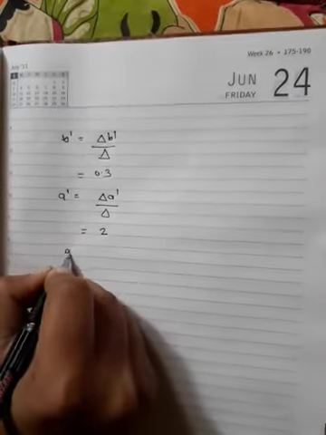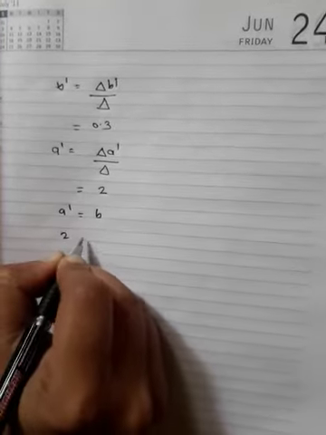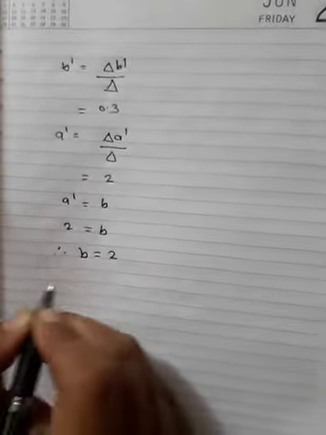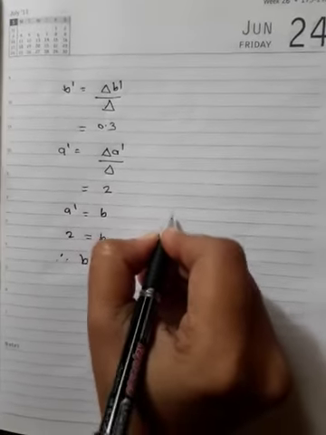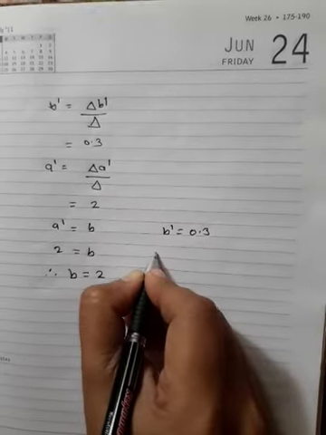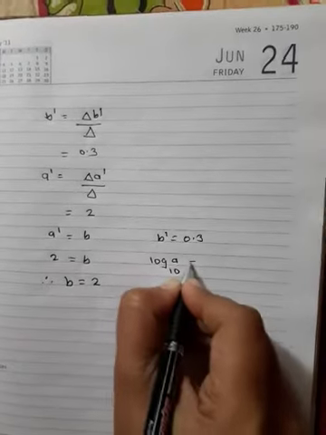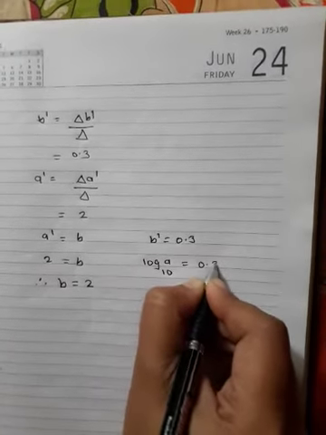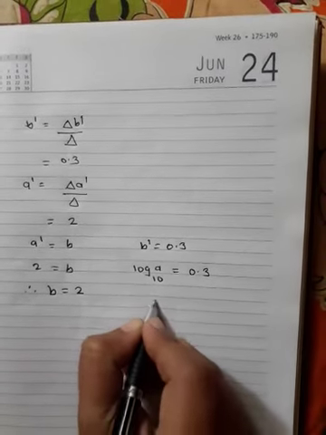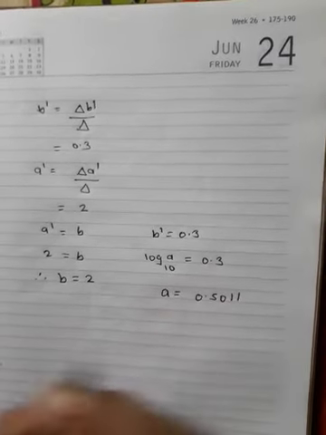So a dash is nothing but b. A dash is equal to 2, which is equal to b. Therefore the value of b is equal to 2. And b dash we have got here as 0.3, but log of a to the base 10 is equal to b dash, so that means 0.3. Solving this, you will get the value of a as 0.5011.